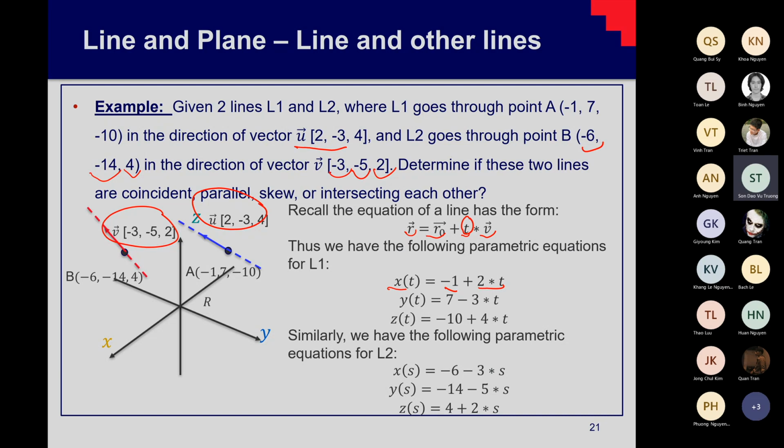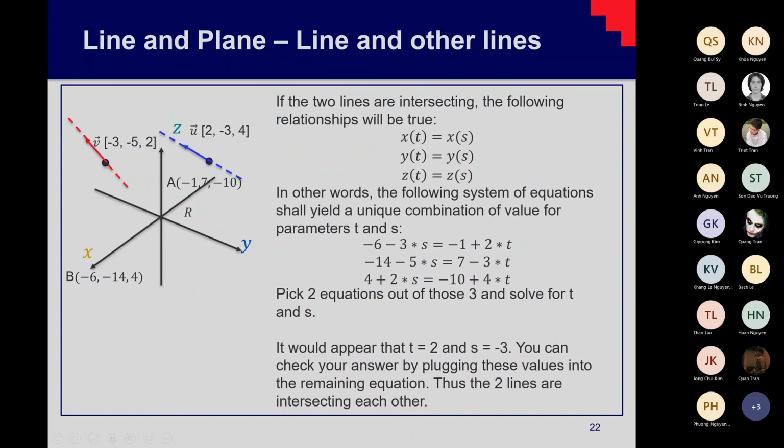At first we assume that L1 and L2 are intersecting. This means there will be one point that is the same on both of the lines. So we will solve x(t) equals x(s), y(t) equals y(s), and z(t) equals z(s).